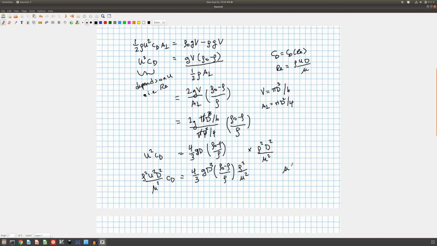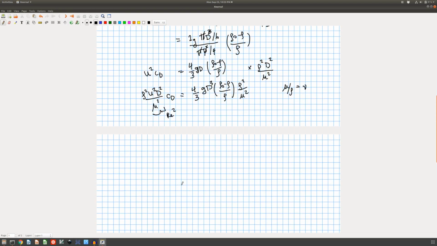Well, remember mu over rho is equal to nu, the kinematic viscosity. So I'm going to have a kinematic viscosity squared in the denominator here, and this is the Reynolds number squared. Okay, so now I've made it dimensionless. Let me rewrite it.